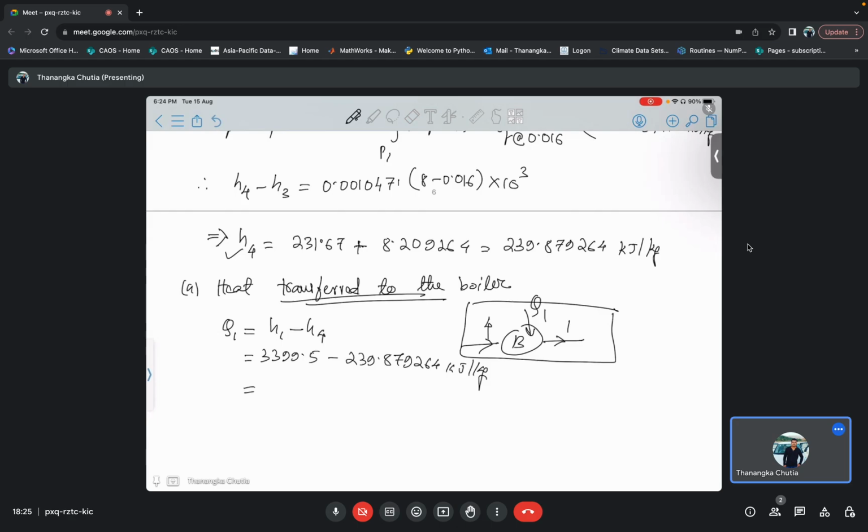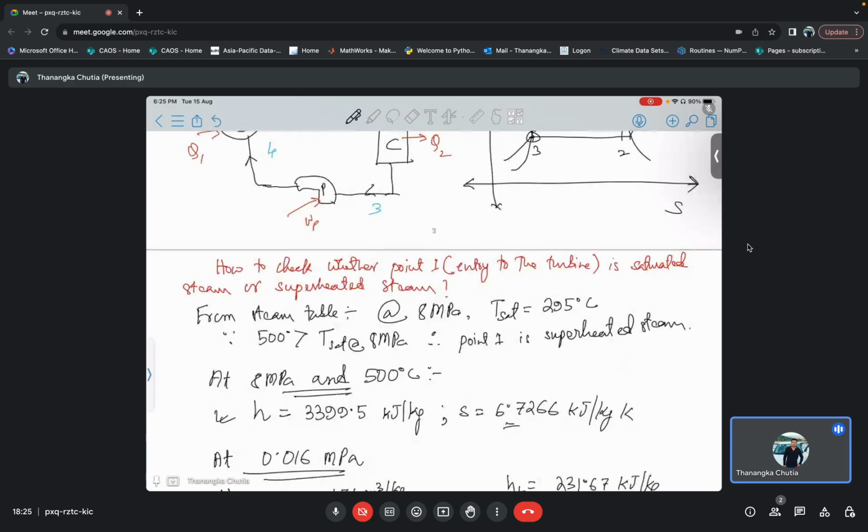So this is 3159.6207 36 kilojoule per kg. Okay, this is the heat transfer to the boiler.